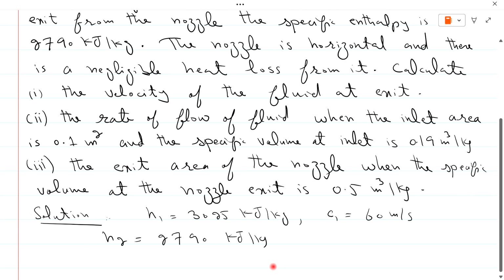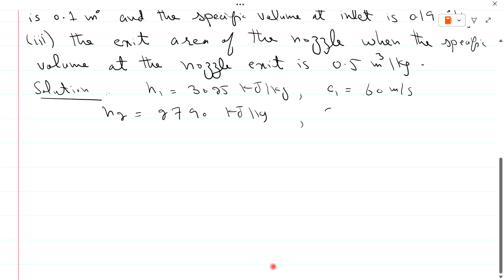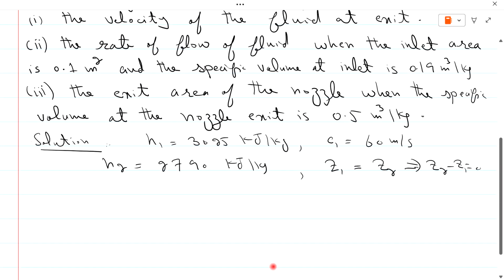The nozzle is horizontal. It means that the elevations at inlet and exit are the same. Z1 is equal to Z2. So Z2 minus Z1 is equal to 0.